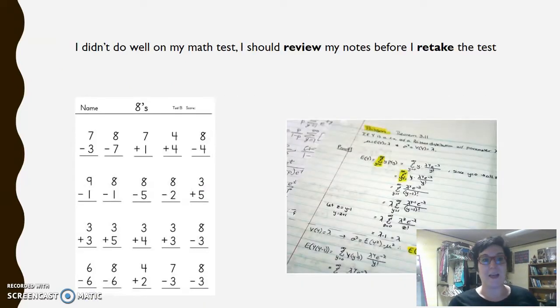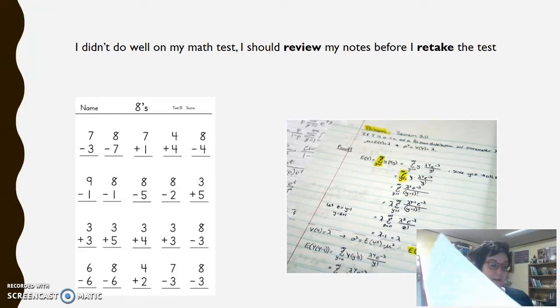Next, we have, I didn't do well on my math test. I should review before I retake the test. So we have 2 words with a re prefix. If you look outside the word first, we see that they didn't do well on their math test. And then we look inside the word, and we know that re means again.